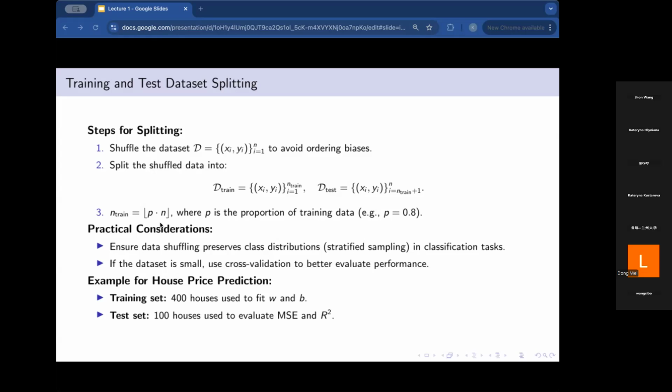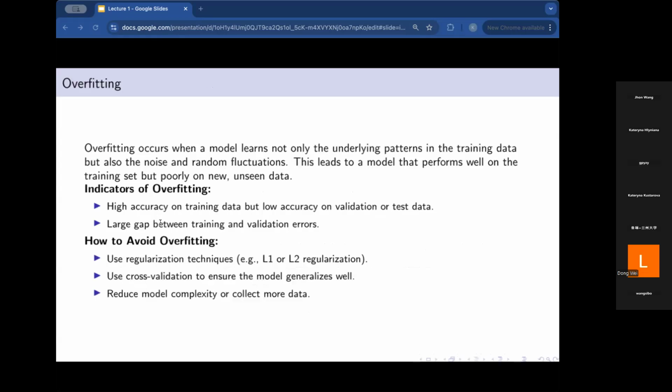Again, this approach ensures that we can properly train the model and evaluate its performance on separate unseen data. Let's discuss overfitting in more detail. Overfitting occurs when a model learns not only the underlying patterns in the training data, but also the noise and the random fluctuations.